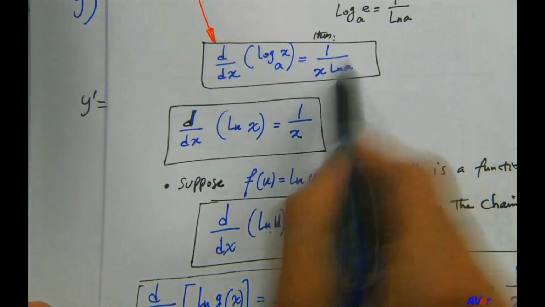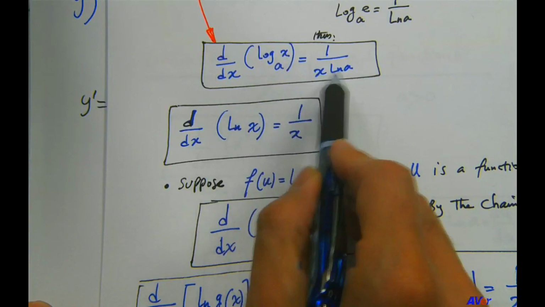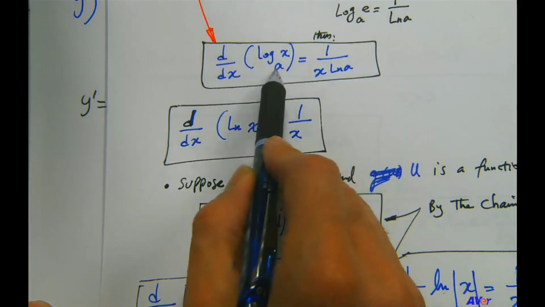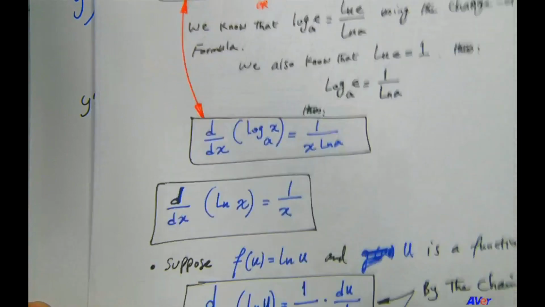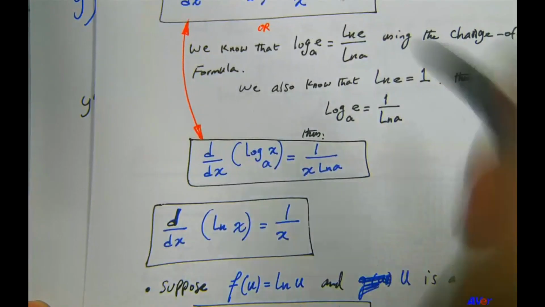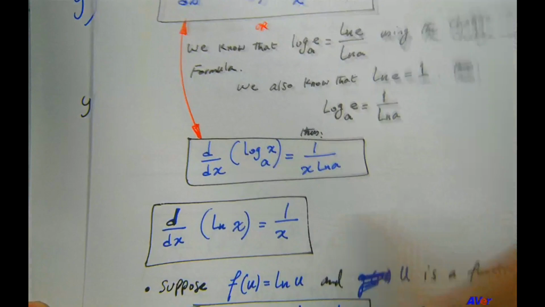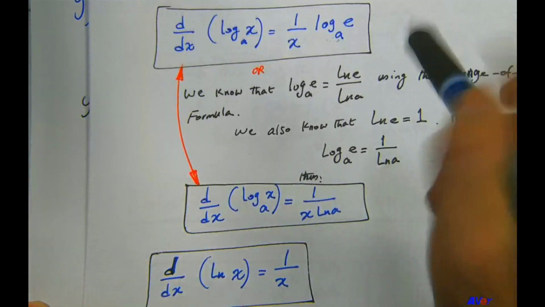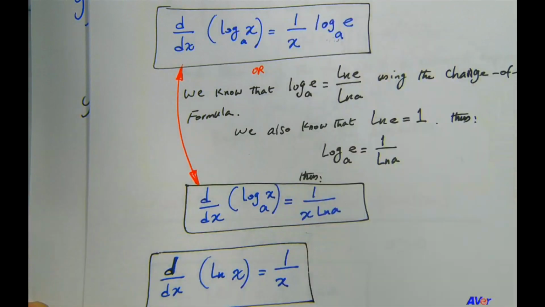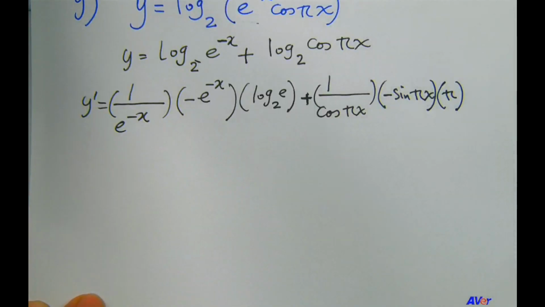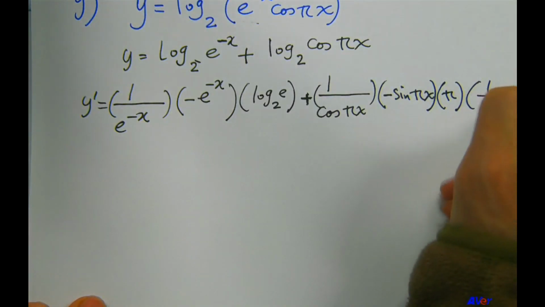So 1 over x times natural log of the base in the denominator. So in this derivative, I used both this formula and this formula. They're the same. So times 1 over natural log of 2.